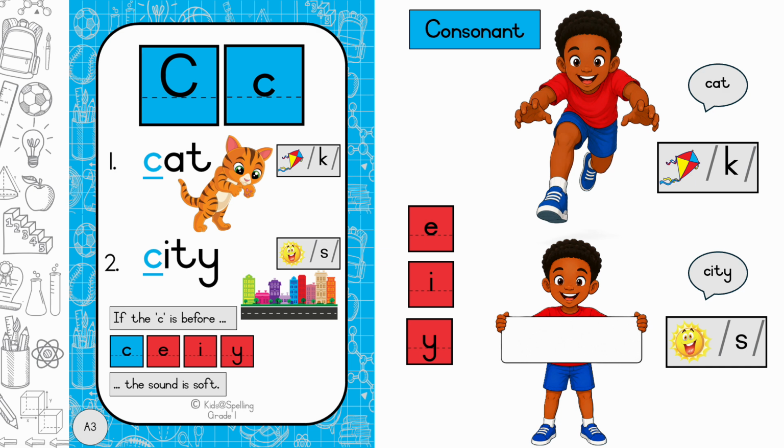If I say clap, with the L after the C, the sound will be K. If I say cot, a baby sleeps in a cot, there is an O after the C, and the sound will still be K. It's only if the letter after the C is an E, I, Y that we are going to change it to the sound S.